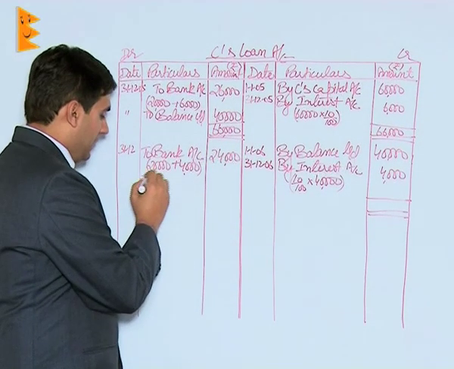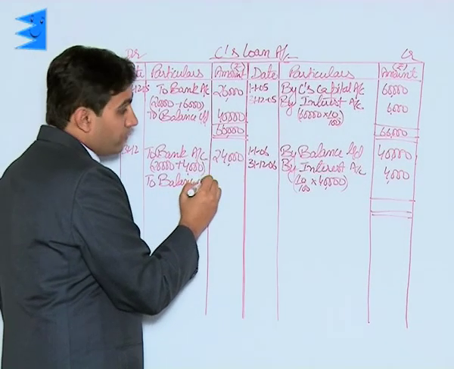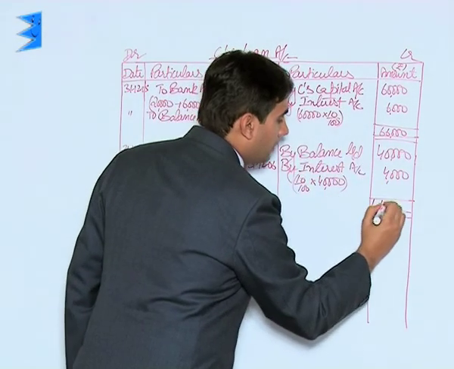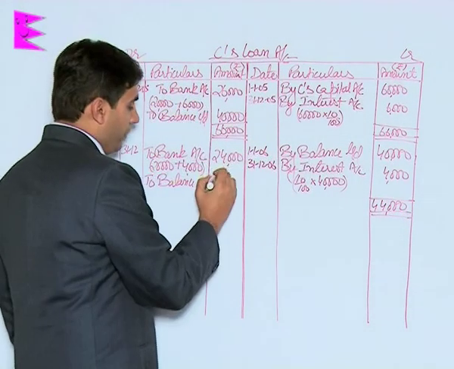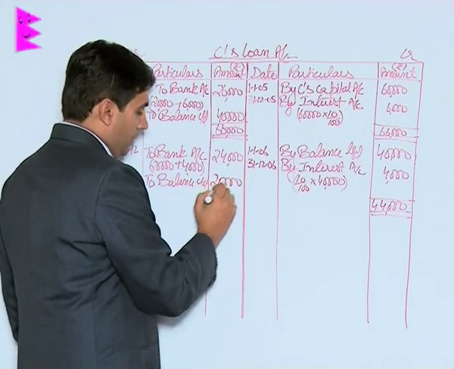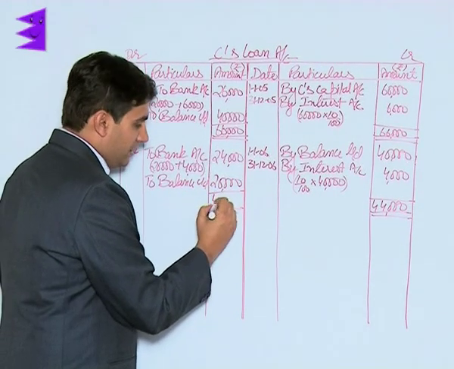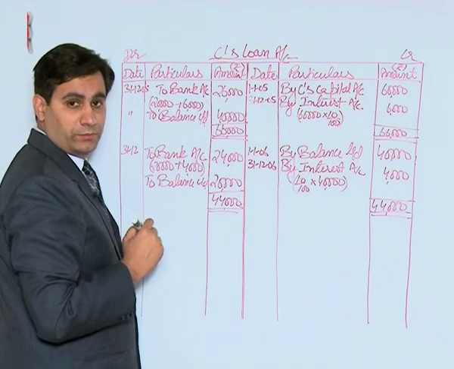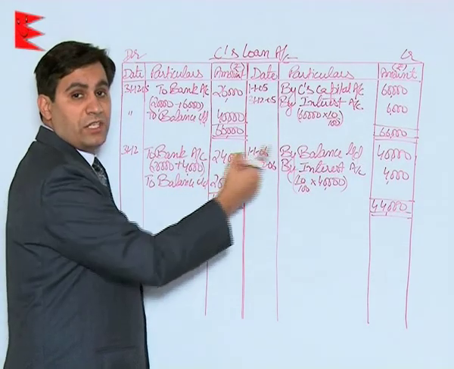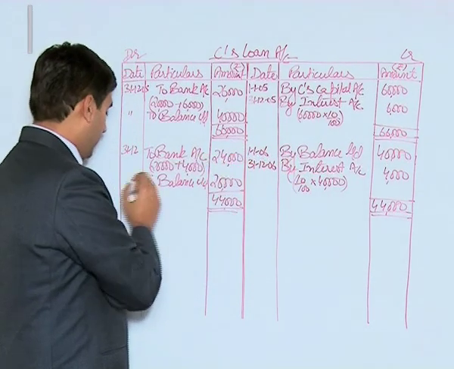Then balancing this, balance would be 44,000 minus this amount of 24,000, which is 20,000. So students, the balance remaining at the end of this year, that is the second year, in the loan account is 20,000. This balance would now be transferred to the third year as the opening balance.